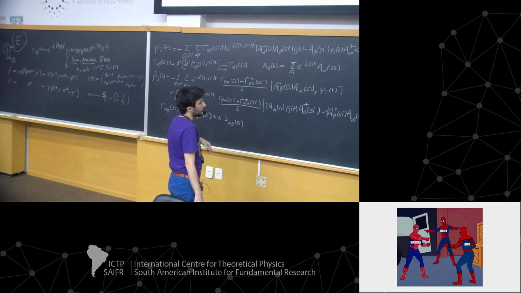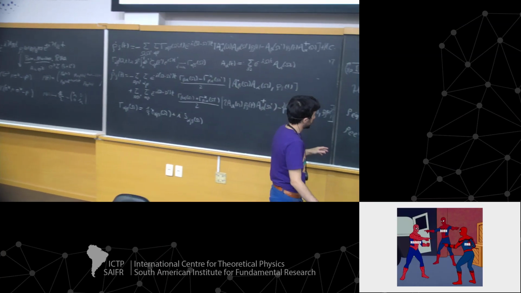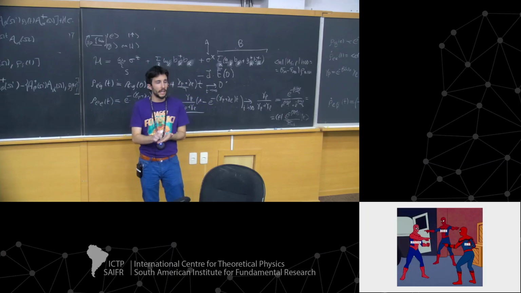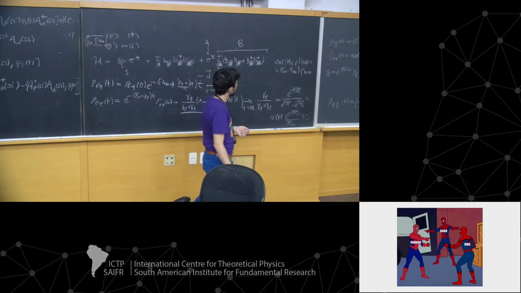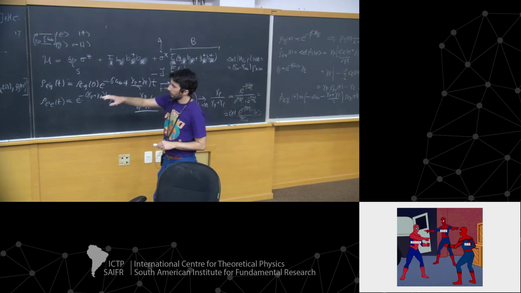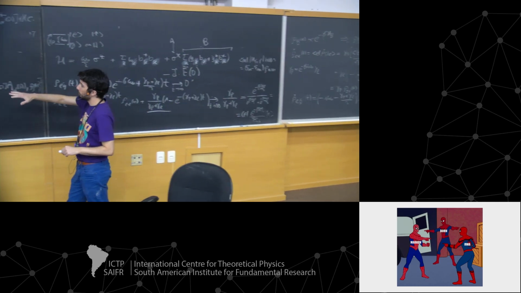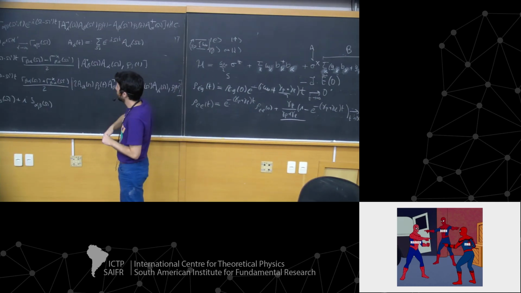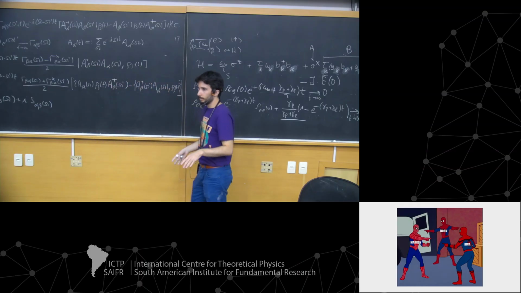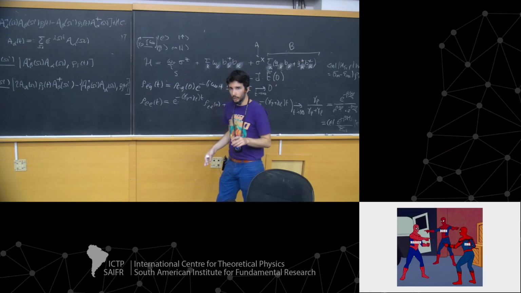Okay. Another thing that can be said at this level, which is also very important and often neglected, is that the eigenoperators, so the jump operators that you have when following this procedure, depend crucially on the Hamiltonian. If you change the Hamiltonian, you're supposed to change the jump operators.